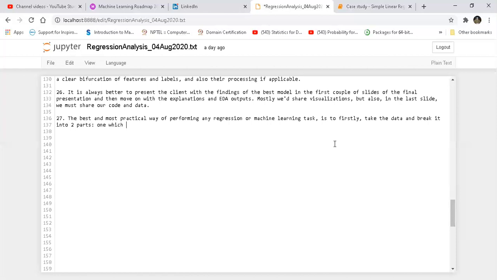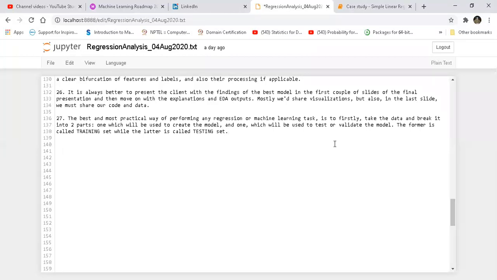One which will be used to create the model, and one which will be used to test or validate the model. Okay, the former is called training set, while the latter is called testing set.